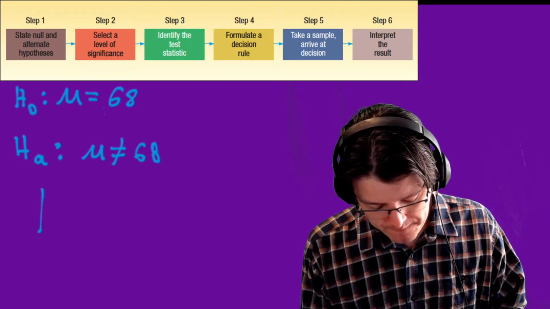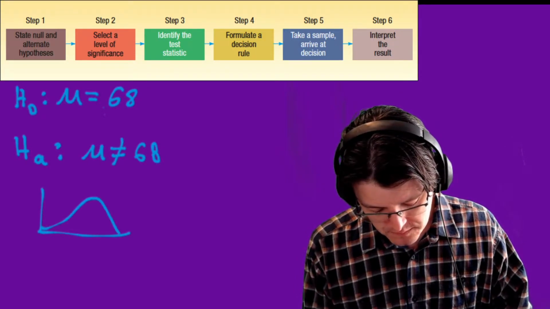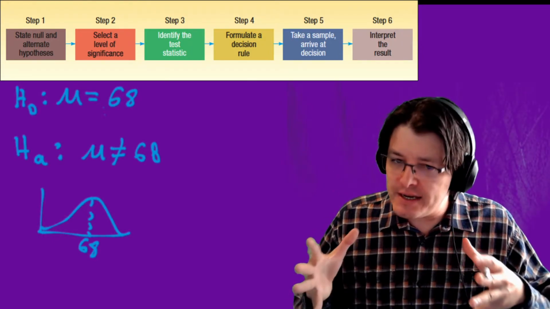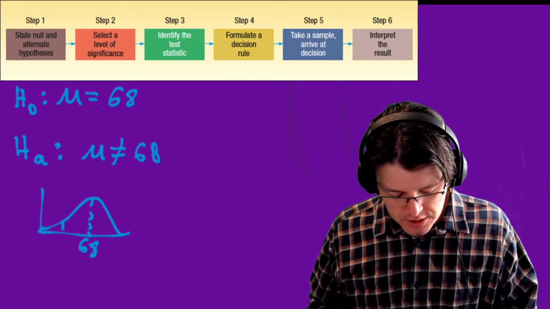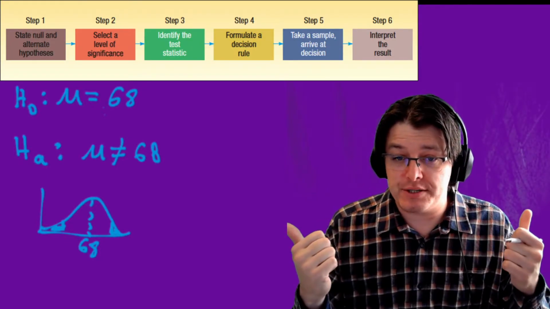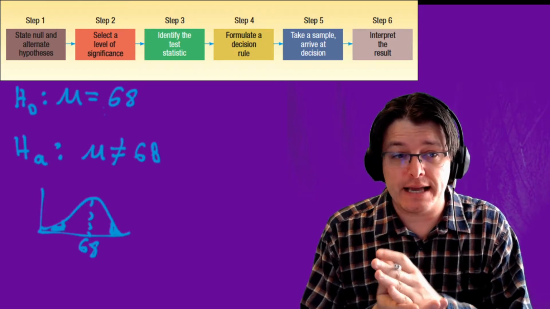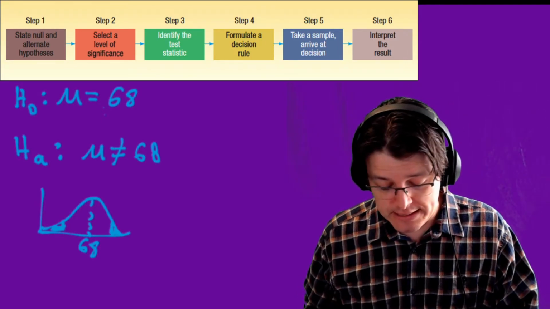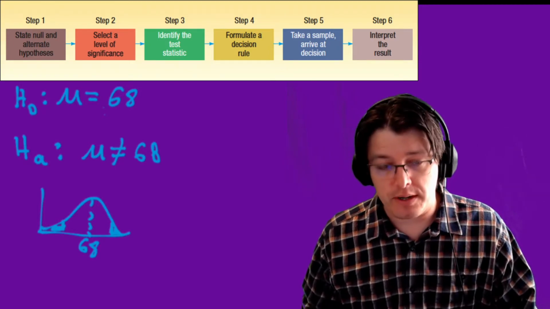Okay, so if this is truly 68 here, and we'll be thinking in terms of normal distributions, the two-sided test is going to rely on both directions, because it's set up as mu is equal to 68 or not equal to 68.